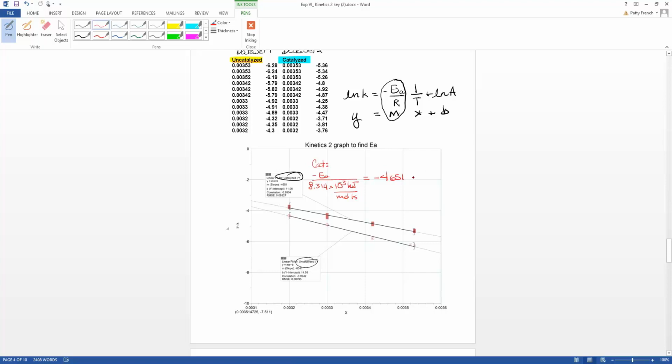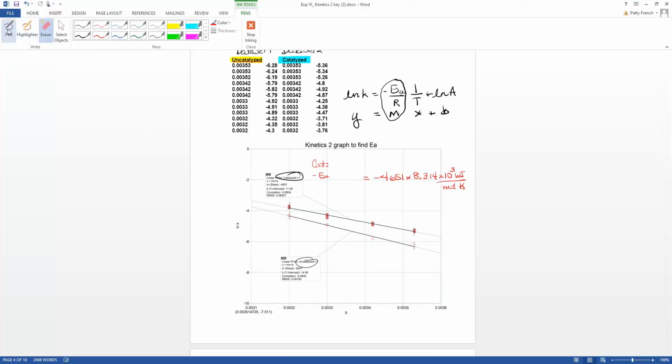Okay, so obviously I'm going to cross multiply. So this ends up being negative 4651 times 8.314 times 10 to the minus 3rd kilojoules per mole K. And that cancels this out.